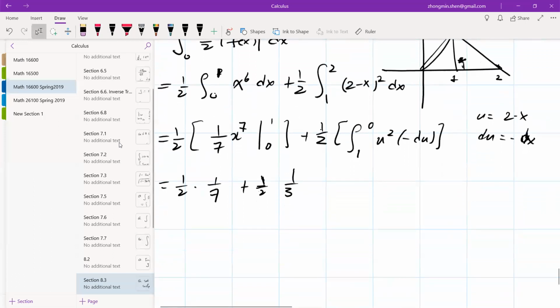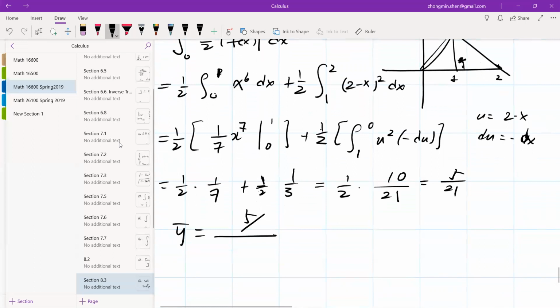So 1/3. Now I get 1/2 taken out, 21. 7, 3 plus 7 is 10, so I divide by 2. Finally, the y bar is going to be 5 over 21, 4 over 3.